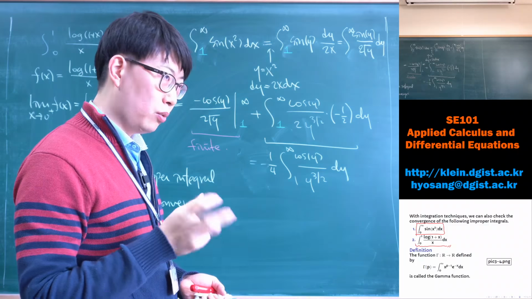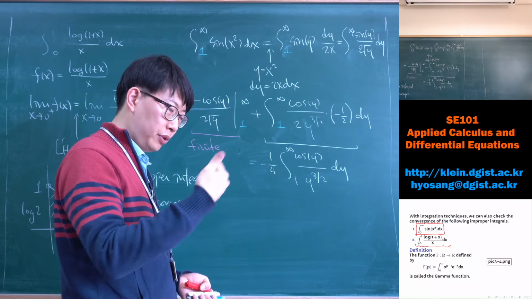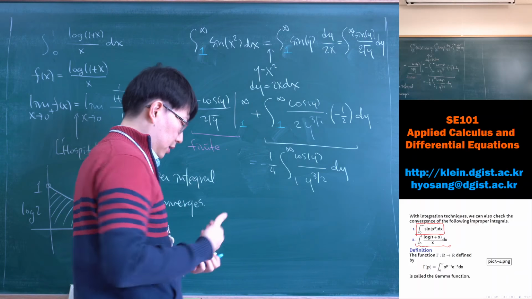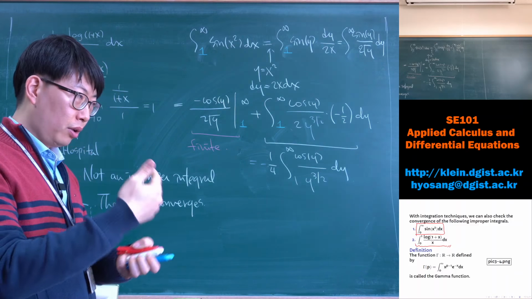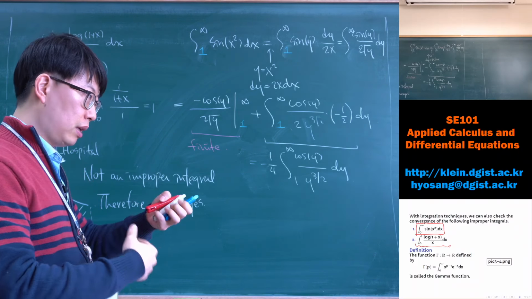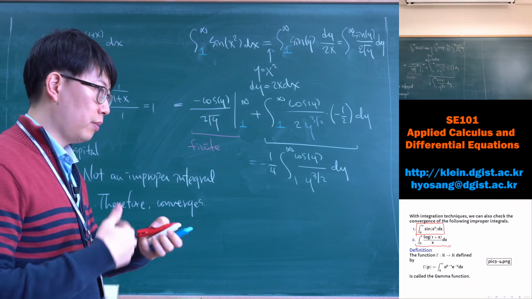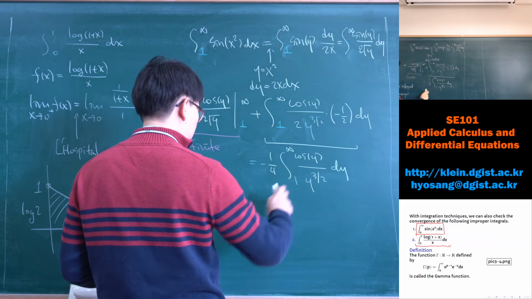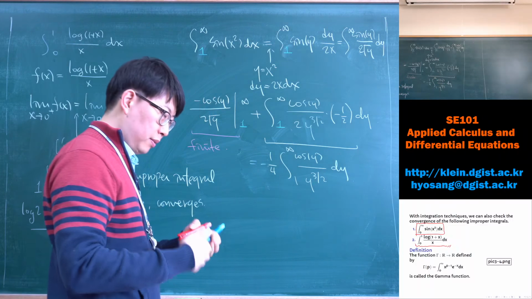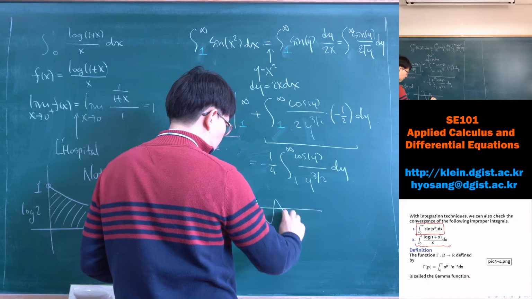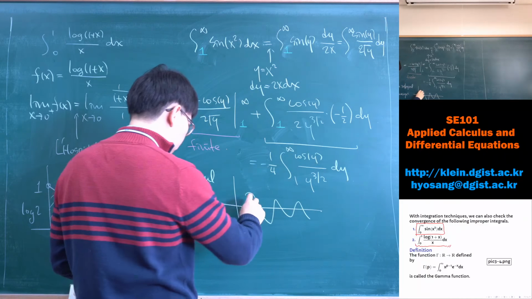Now the cosine y oscillates, right? It oscillates from minus 1 to 1. And if you're adding all these oscillating areas, plus areas and negative areas, it will become smaller and smaller somehow. We could make it bigger, but at least if the sum of the absolute values of areas converges.